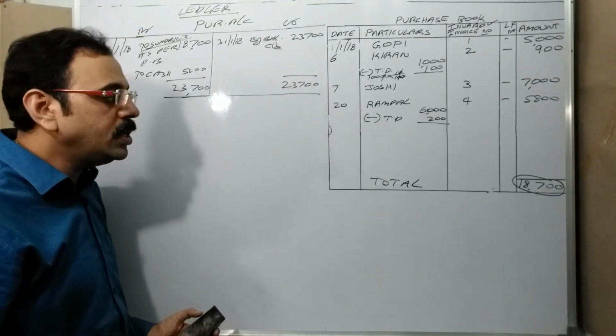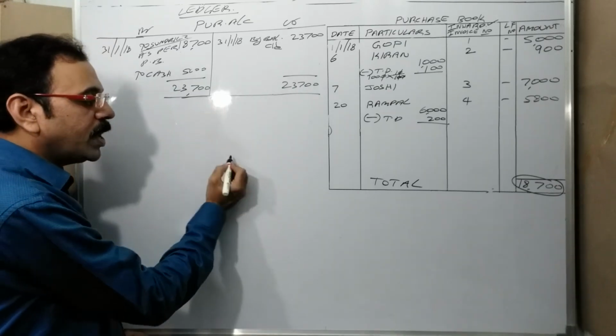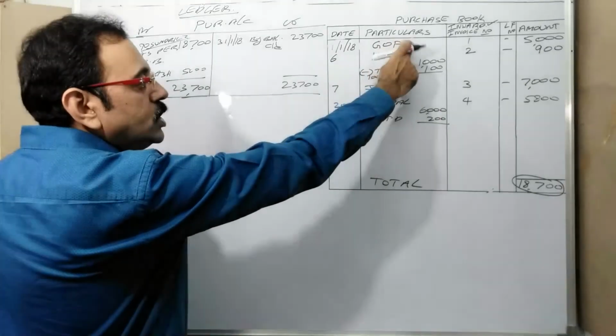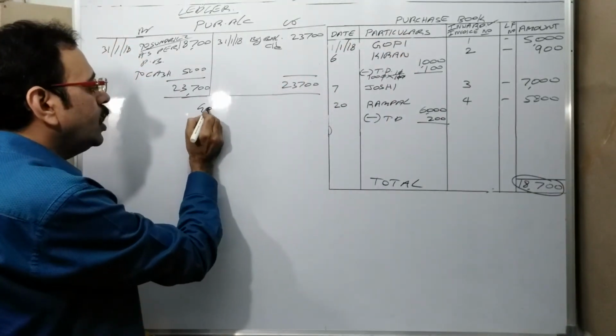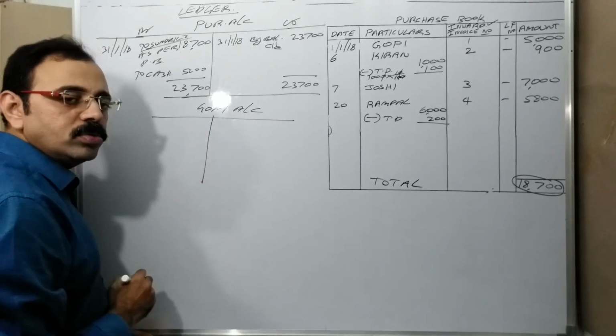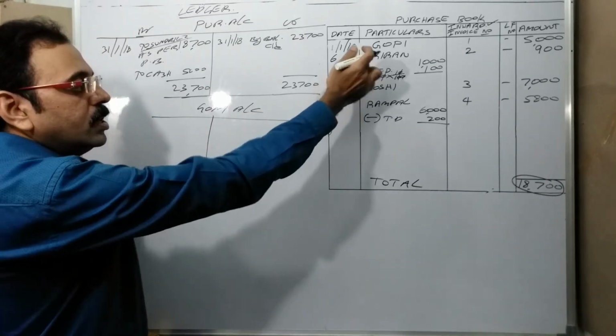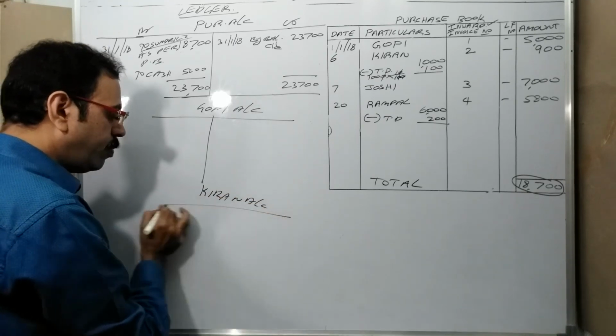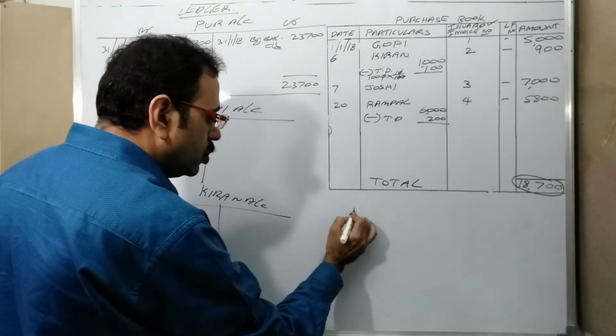Then what happens next? Individual supplier accounts we should also open here. First one, who is the supplier here? Gopi. Then, with his name, open one account. Similarly, Kiran. We should open the Kiran account. Then we should open the Joshi account.